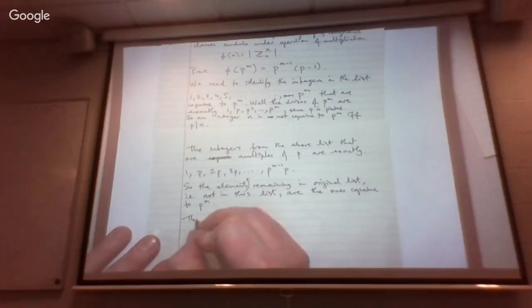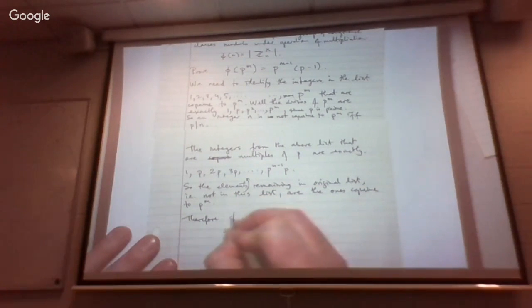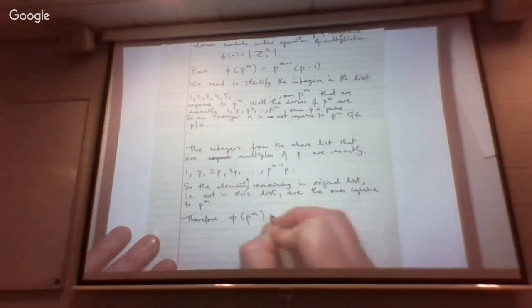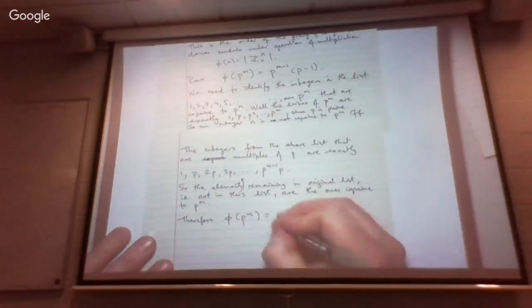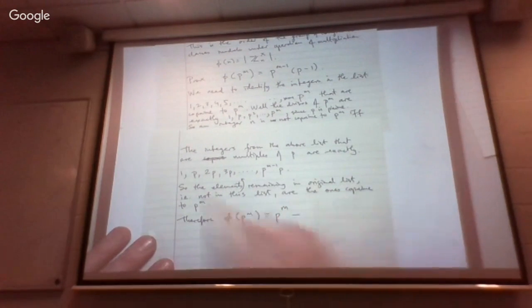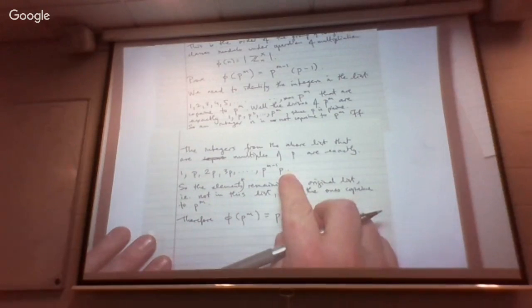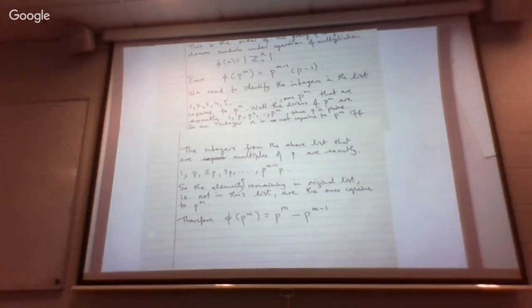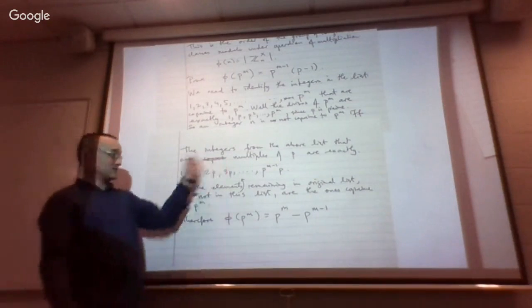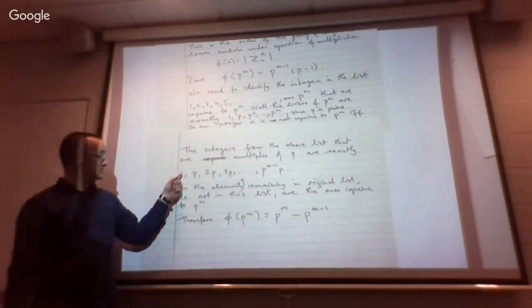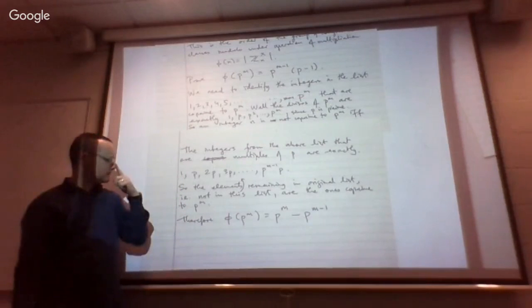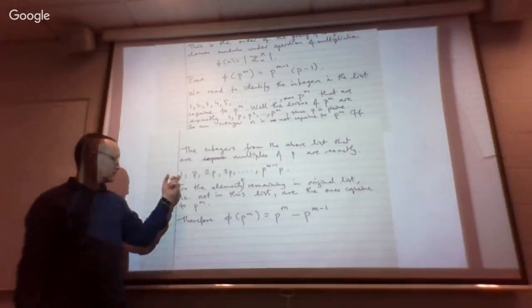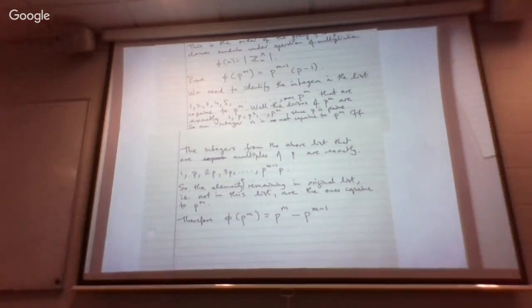Therefore, phi of p to the m is the number of things in the original list, which was p to the m, minus the number of things in this list, and there's p to the m minus 1 numbers in this list, because they're written in such a way that they're counting themselves. Sorry, what am I doing? 1 is not a multiple of p.